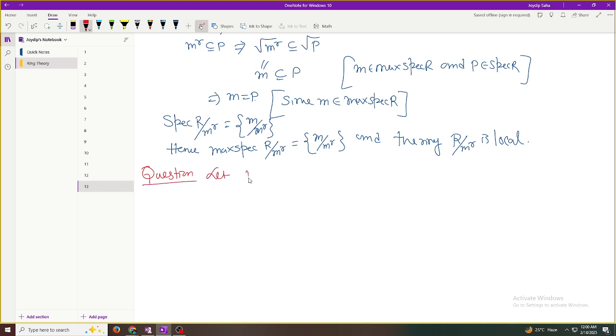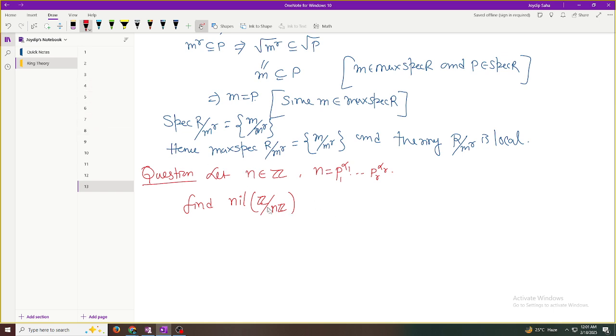Let n belong to Z, with prime factorization n equals p1 to the power alpha 1 dot dot dot pr to the power alpha r. Find the nil radical of Z mod nZ. Nil of Z mod nZ means the nil radical of this, that means in my previous notation it is root 0.